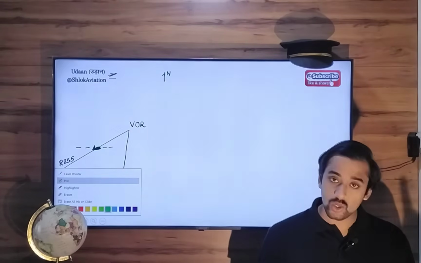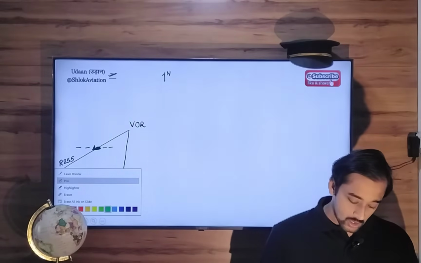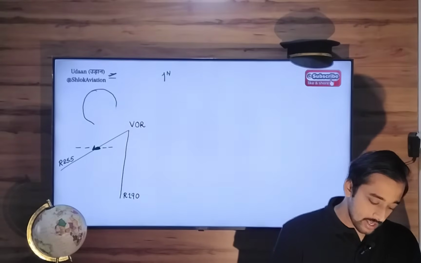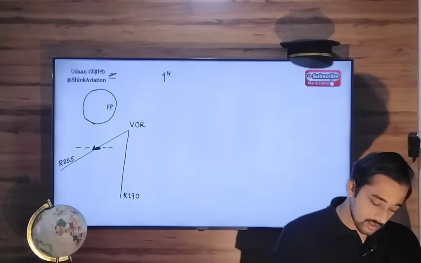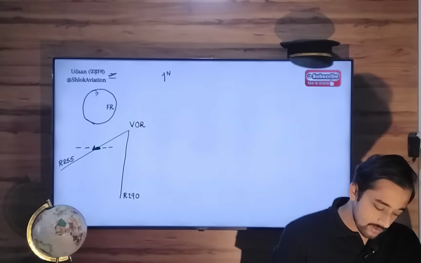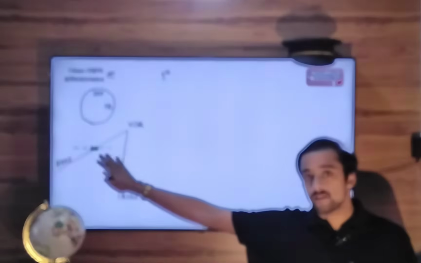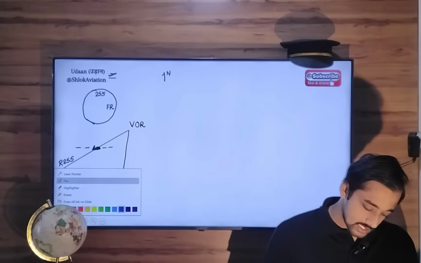So let's take two conditions. When we are on radial 255, we will get a from indication if we put 255 in the OBS selector, and if the aircraft is on the center line of that radial, like here, the CDI needle will remain in the center.